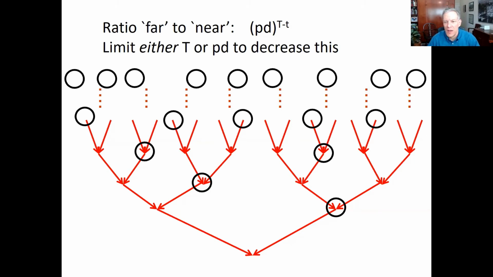So in terms of the size of this tree, there are increasingly large numbers of nodes at greater distances, and relatively smaller numbers of nodes at smaller distances.